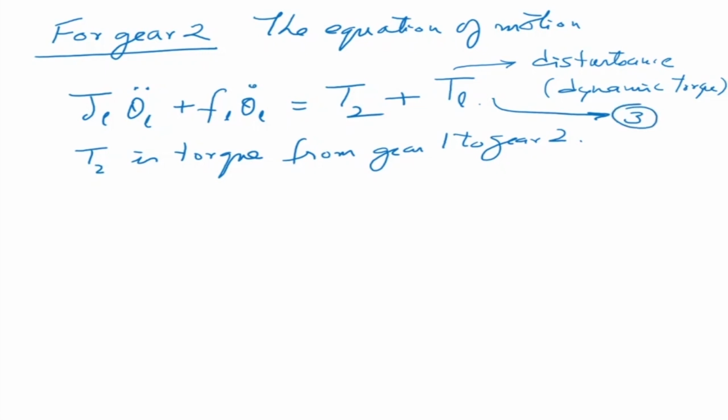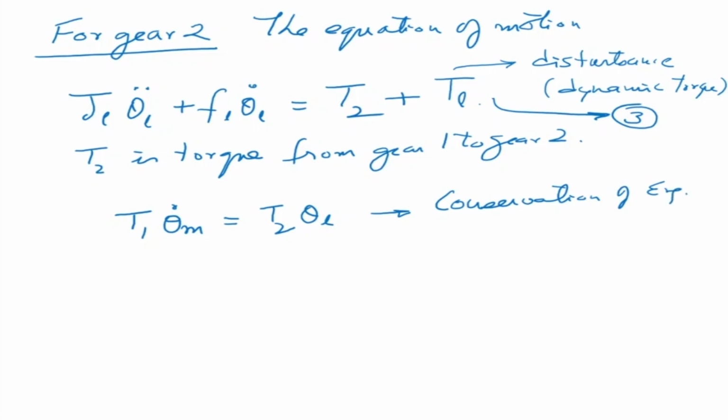So we have looked at it from a gear 1 perspective and from the motor side, and then from the gear side, from the link side. Now, assuming conservation of energy, we have that Tm, the torque which is acting on gear 1, is equal to T2 into theta L. So this is for conservation of energy. Now, putting 1 in equation 3.